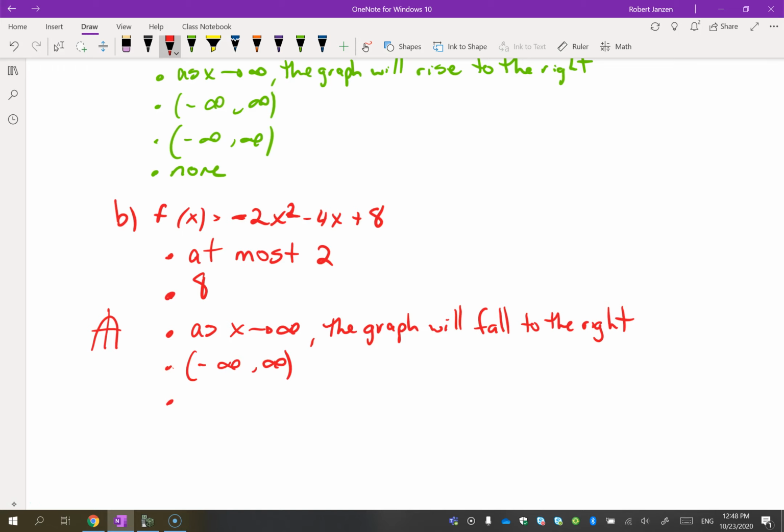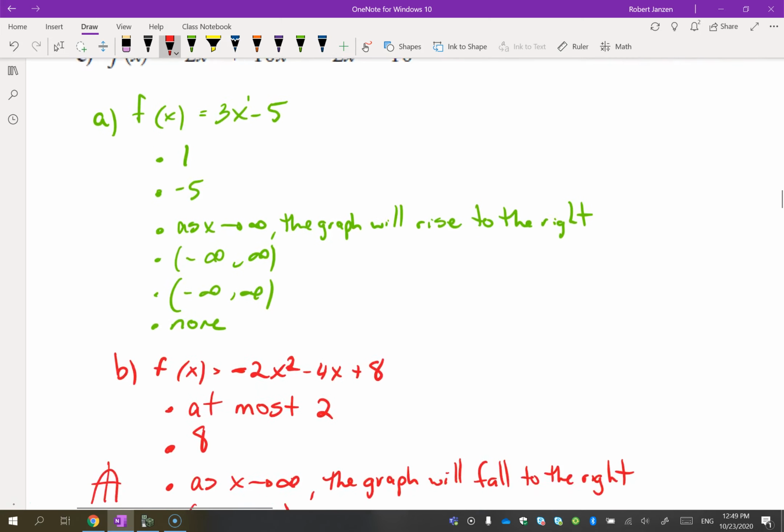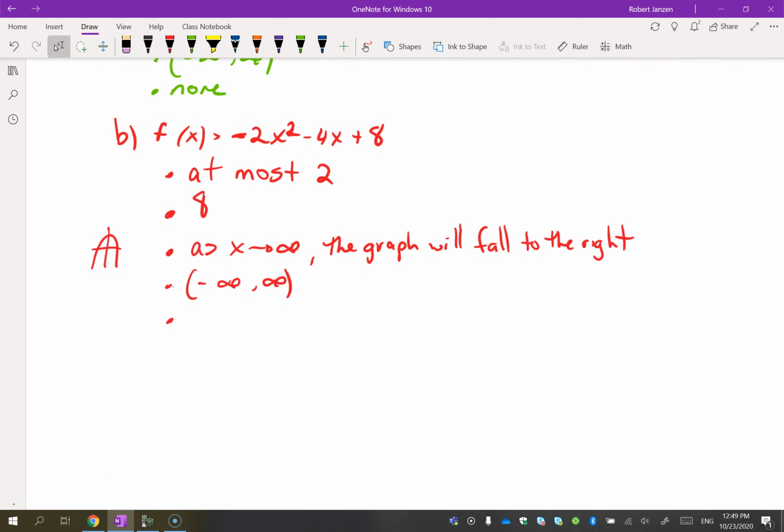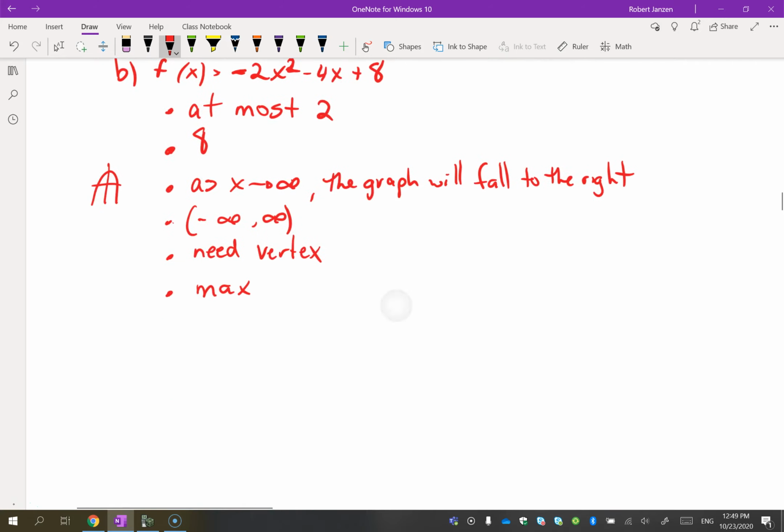The range, well, the range we would need to know the vertex. Okay, and we're not going to get that just by looking at the graph. So we're going to leave that one blank for a second. I'm just going to say need the vertex. Okay, and this will have a maximum. It says number of possible turning points, so it will have one turning point.